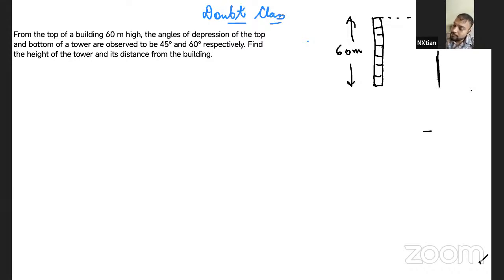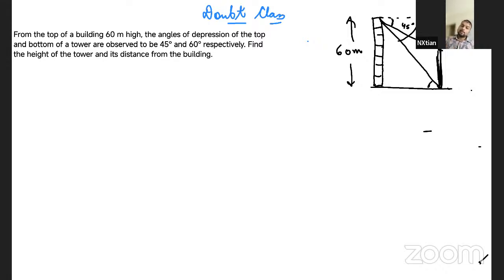Now, the angle of depression means this angle. This angle is called the angle of depression. This is 45, and this is 60 degrees. Now we have to find the height of the tower and the distance between the building and the tower.